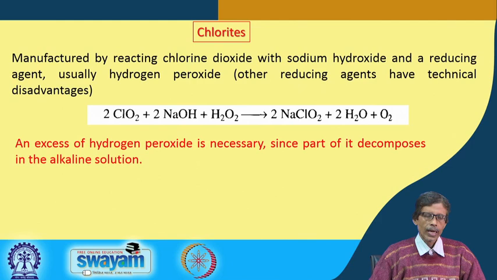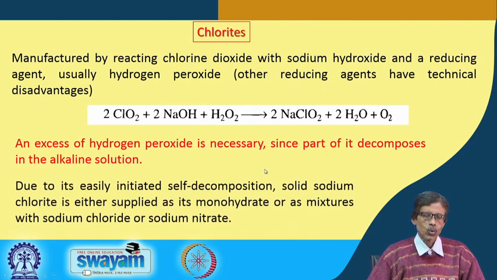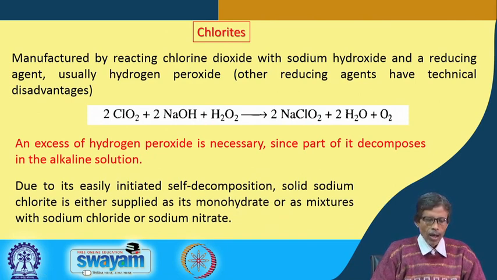So, we should use a higher concentration of hydrogen peroxide for converting the ClO2 to the chlorite ions. It has a very easily available form of self decomposition.